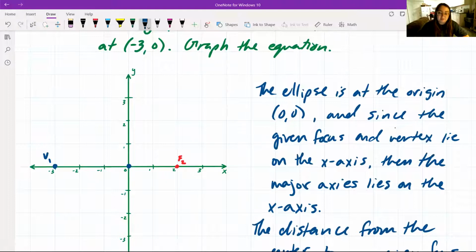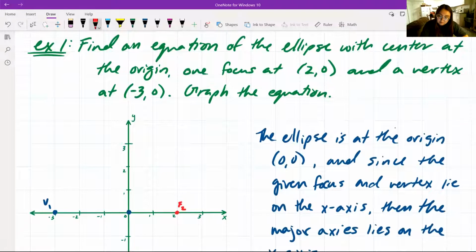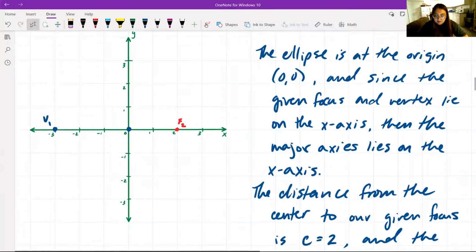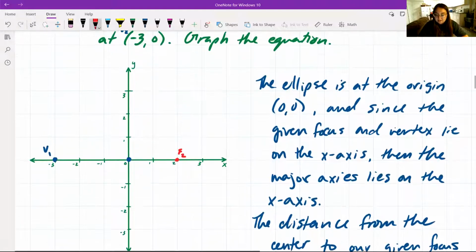So we have everything marked. Now our focus has to be the same distance away from the center on both sides. So since our first focus, or F2, which we stated was 2, 0, this will be F2, and this is V2. We want to go ahead and graph the other focus, and since focus 2 is going to be at 2, 0, we now go in the opposite direction to get -2, 0.